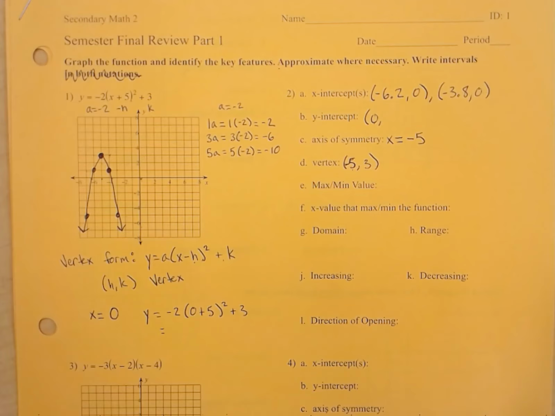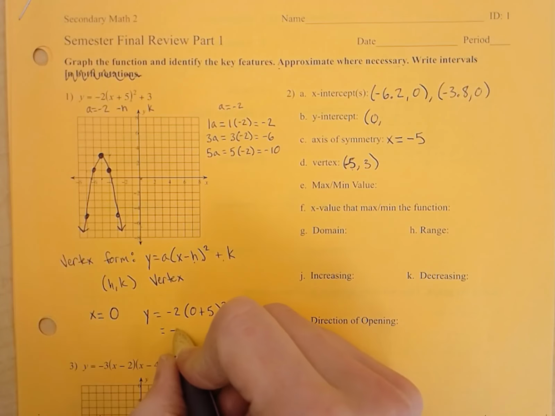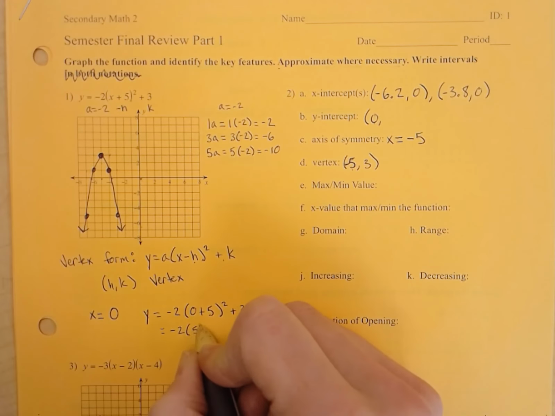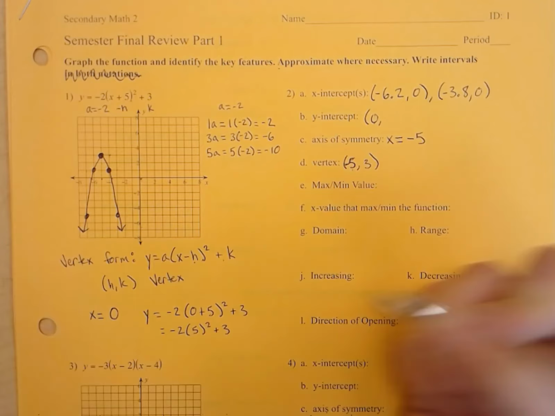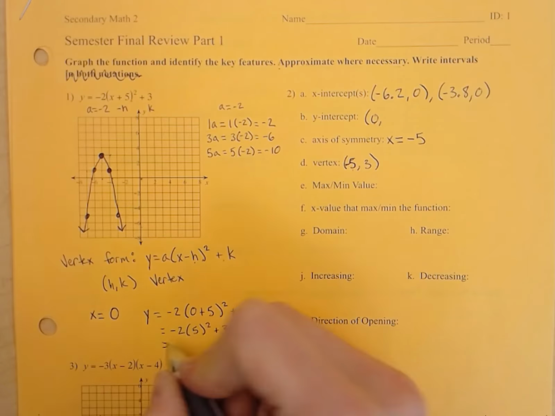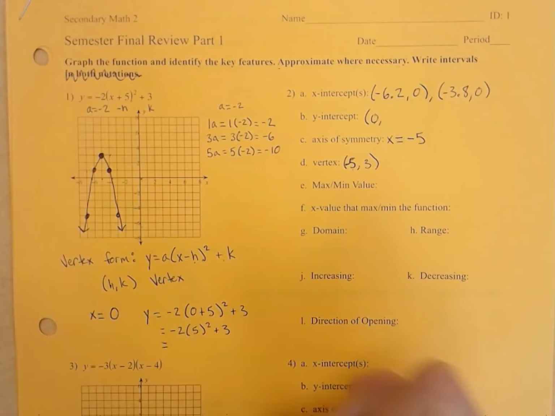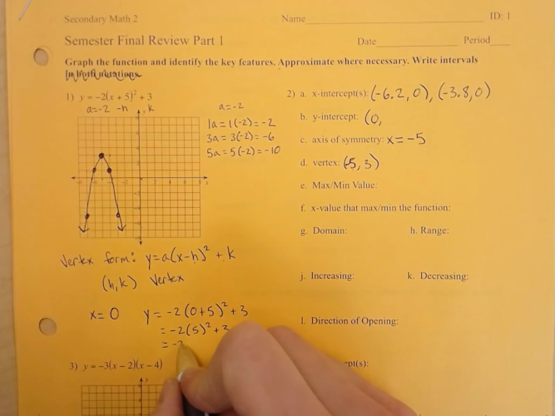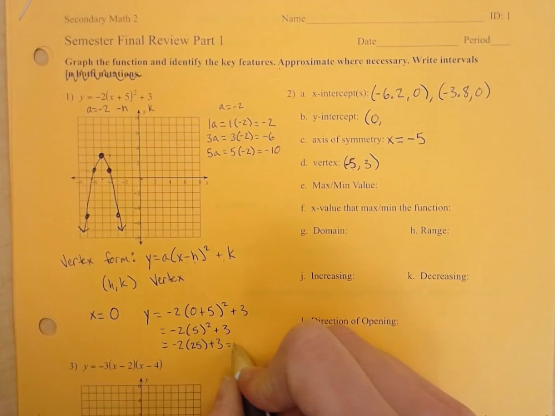I can type that in a calculator, or I can do it by hand. I personally have no preference. I'm not going to use a calculator because it's being used at the moment, so I'm just going to do it by hand. Okay, so negative 2 times 25 plus 3, negative 50 plus 3, and I get negative 47. That's exciting.